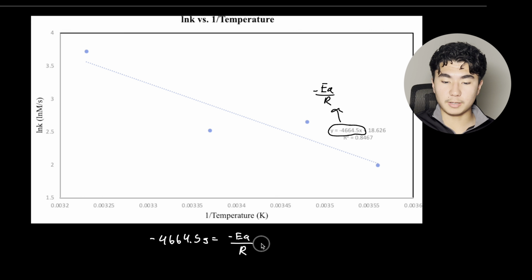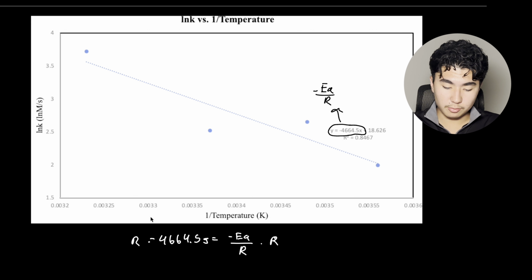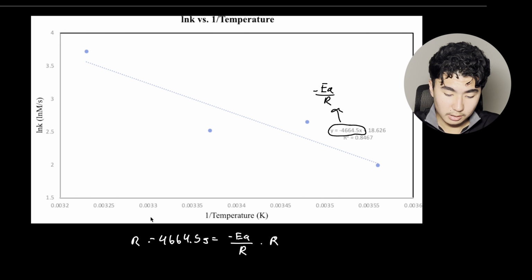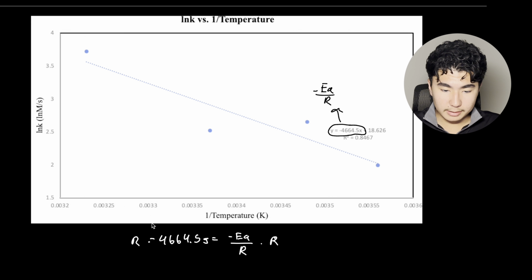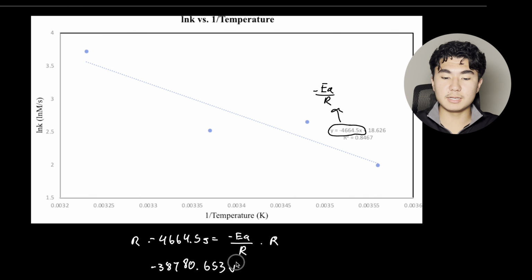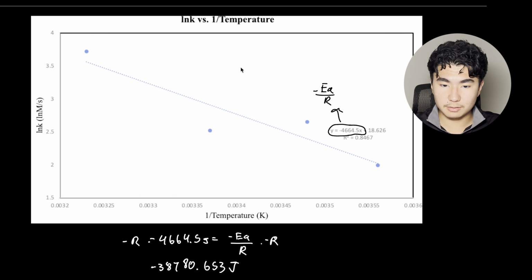So we multiply by our R, which is just going to be 8.314 times negative 4,664.5. That should get us negative 38780.653, but this is in joules. Oh, and we could actually divide that negative over, so it would be negative times negative, which should be positive.